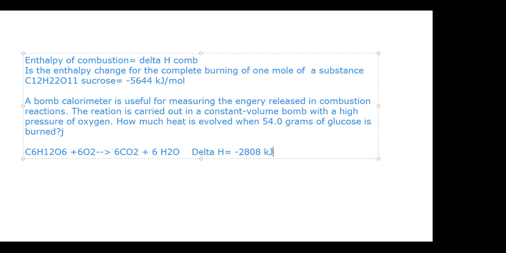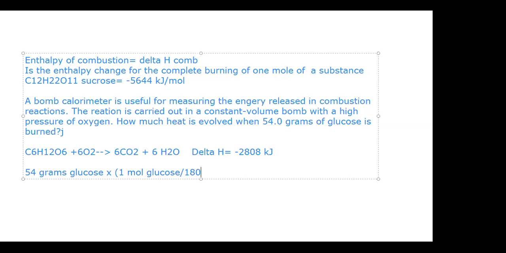However, we're not working with 1 mole of glucose. So what you have to do is convert the grams into moles. So 54 grams of glucose, we're going to multiply that times 1 mole glucose over 180.18 grams glucose.